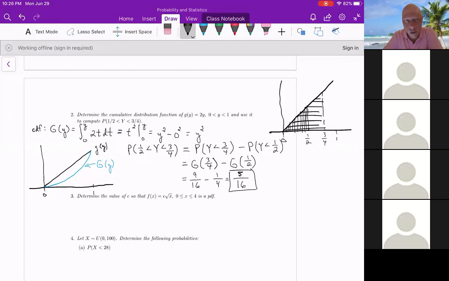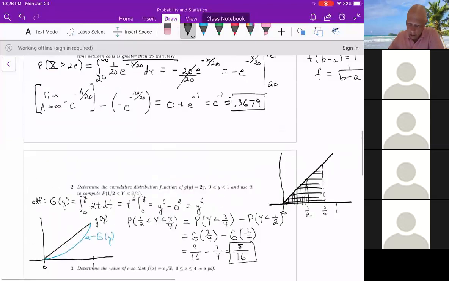Having gone through 2 problems so far, any questions at this point? Wait, what about the part where the CDF is the 1 over b minus a or something? Oh, you're back at the beginning?